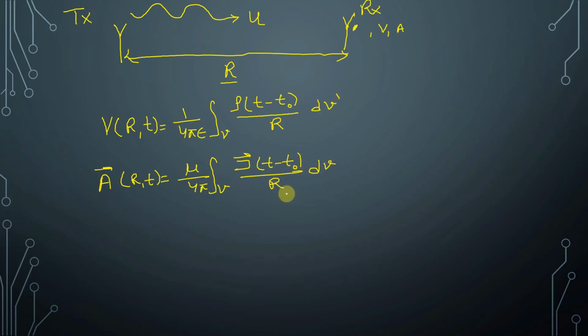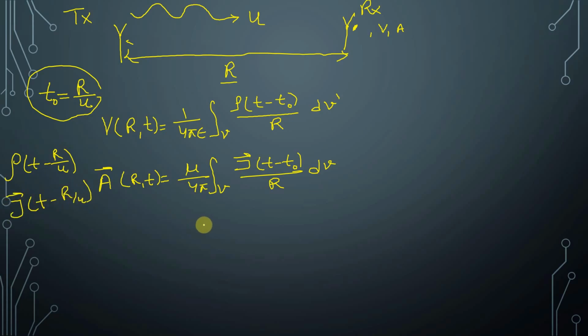Now this T naught is the time taken by this wave to travel from transmitter to receiver. So T naught is equal to distance upon velocity u. So you can put this value of T naught here, in rho and similarly in J.